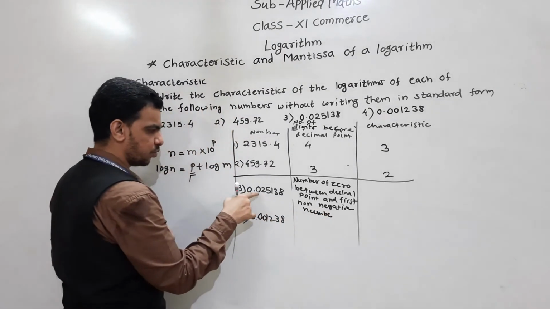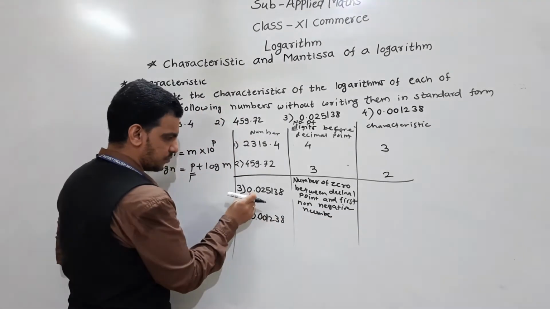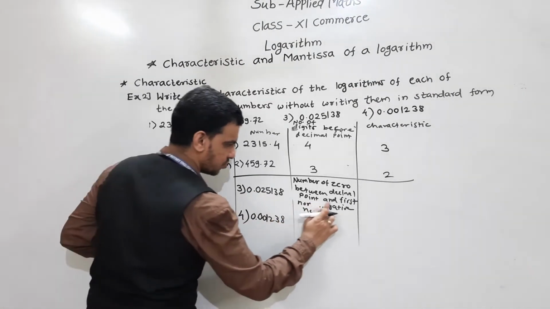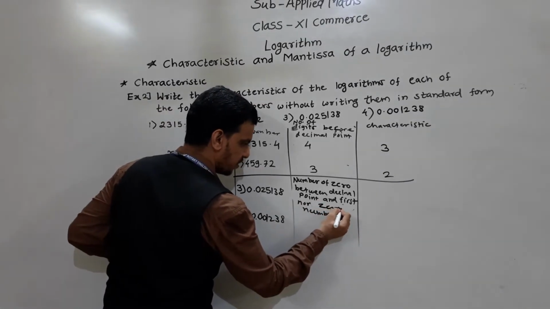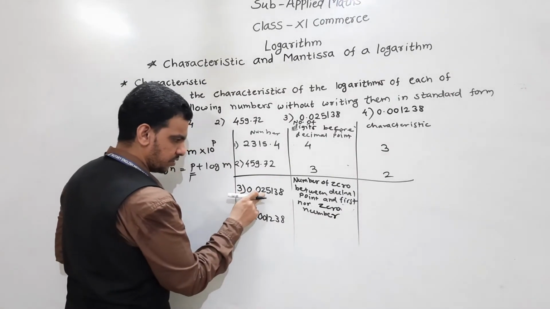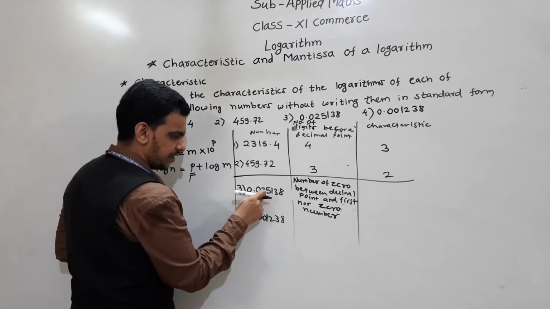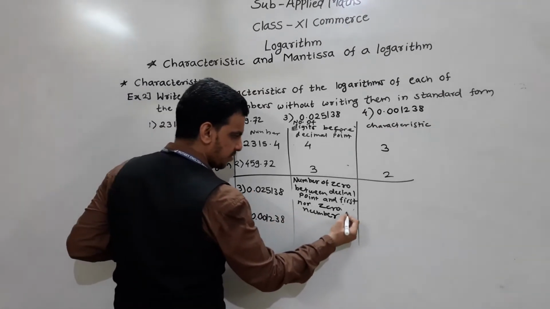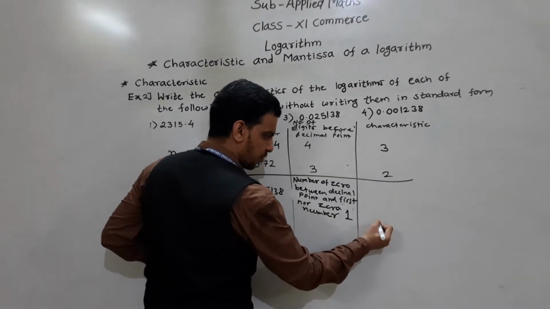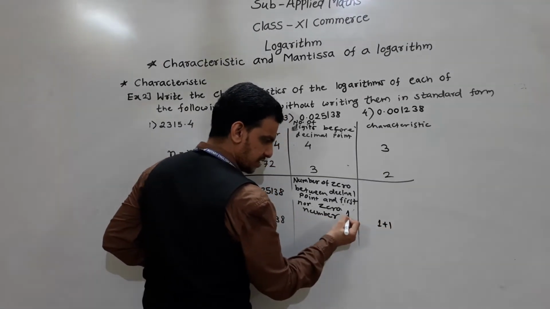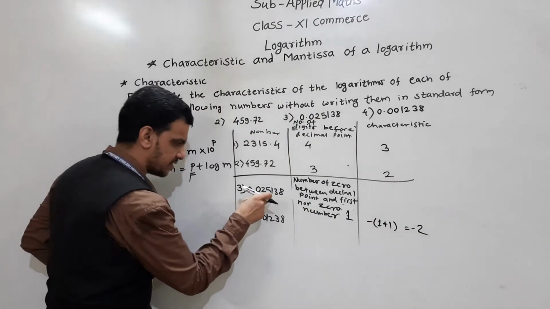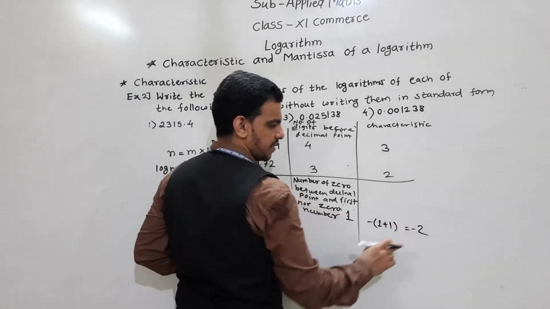So this number is 1. We have to add 1 to this number and give a minus sign, so it is minus 2. So the characteristic of this number is minus 2.